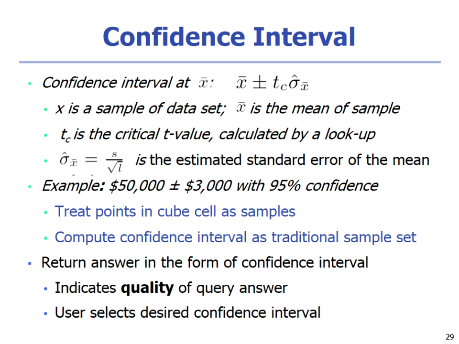That means the mean is $50,000. So the value can be between 47,000 and 53,000. This is the mean plus or minus 3,000, and 3,000 in this case represents the confidence interval.